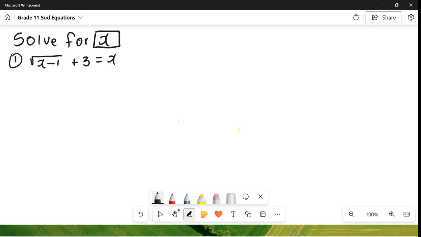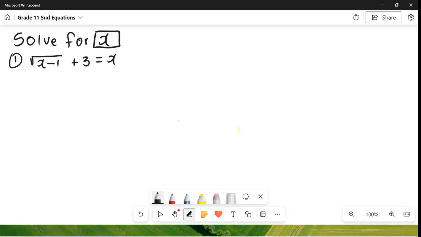So what we need to do here is try by all means to leave the square root and whatever is inside the square root on one side of the equal sign and everything else on the other side.